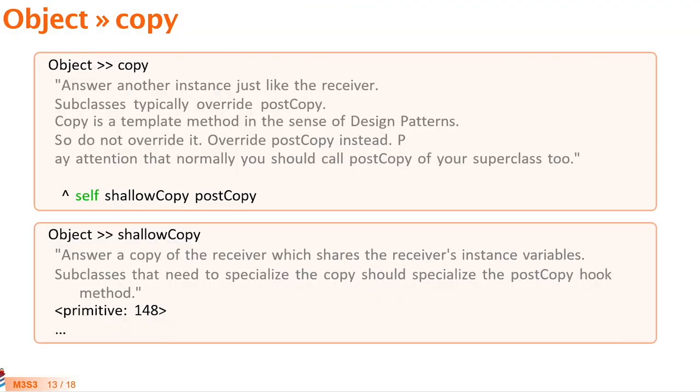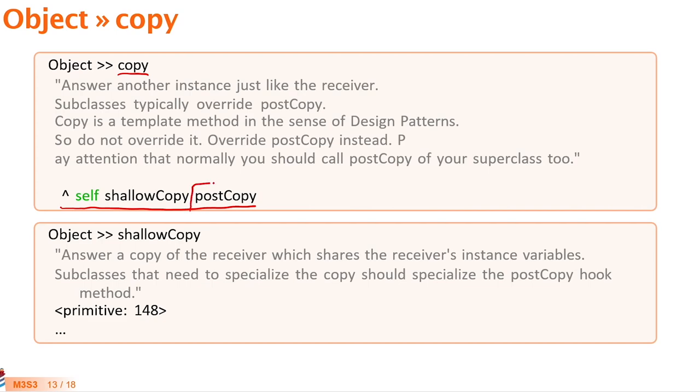In the Object class, I have the copy method that is there, and the implementation of the copy method is this one. The shallowCopy is another method, which is a primitive, and what the primitive does is that it just copies the receiver and not its dependencies. So all instance variables, or all things that are around this object, are not copied, they are shared with the copy.